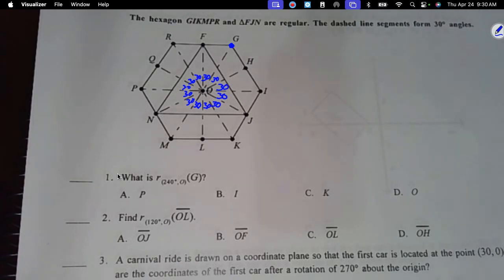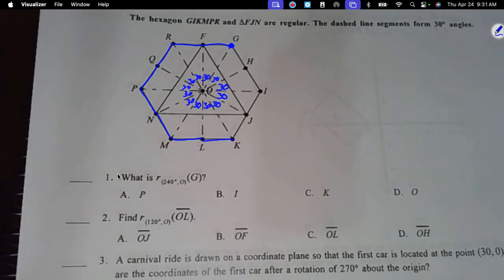So if I start here, when will I get to 240 degrees? We just count. I go 30, 60, 90, 120, 150, 180, 210, 240.